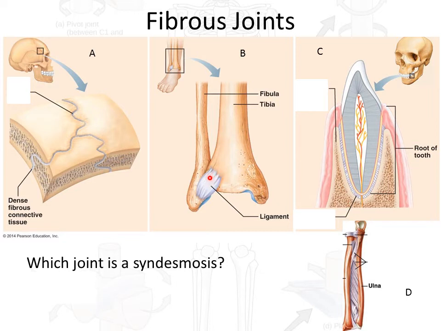This is the tibiofibular ligament. When somebody has what's called a high ankle sprain, this is actually what's ruptured, what's sprained, this ligament here. So this joint doesn't move too much, but it does move a little bit. And then another example of a syndesmosis joint is this one here, where the radius and ulna are together in the forearm. It doesn't allow for much movement, but there is some movement. So B and D are the syndesmosis joints there.